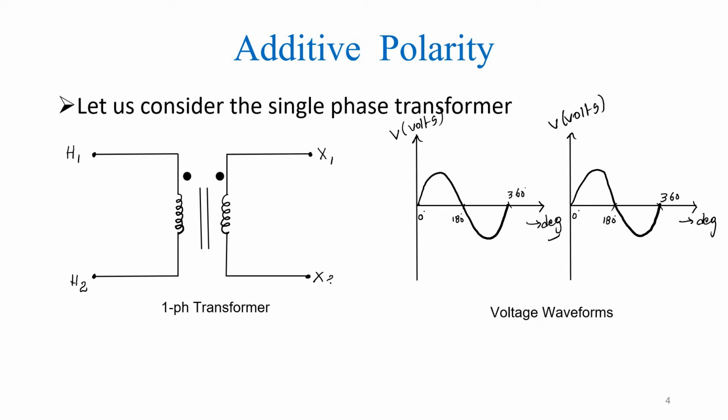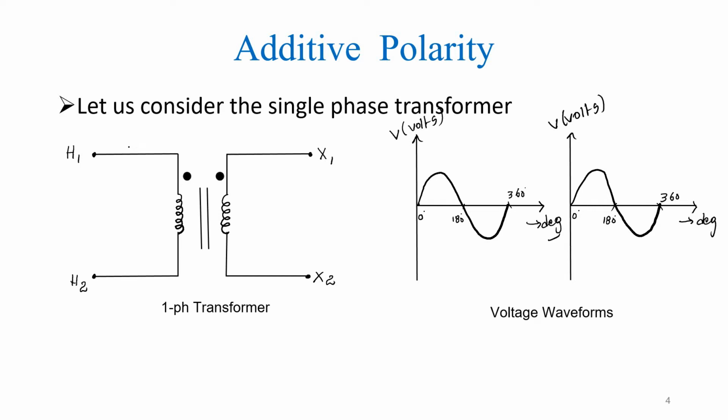So why am I marking X1 and X2 instead of L1 and L2? Generally the manufacturers will specify on the transformers the terminals as H1 and H2 and X1 and X2 instead of L1 and L2. Now look at the dot I have marked here.